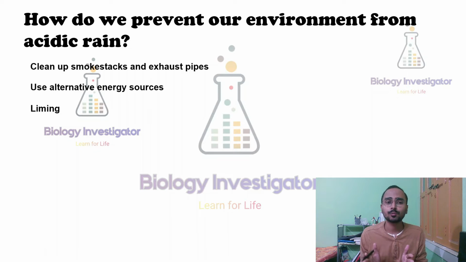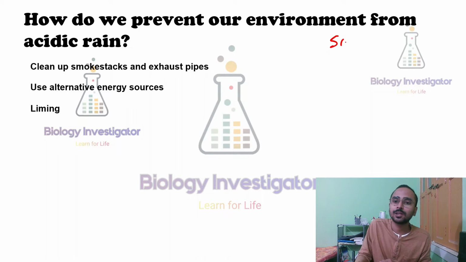Smokestacks and exhaust pipes are located in factories and industrial buildings. So we need to clean up those exhaust pipes and smokestacks, because those pipes or smokestacks will release this dangerous SOx and NOx.